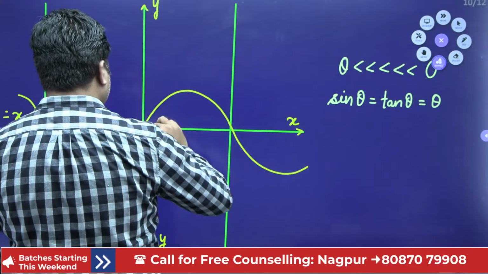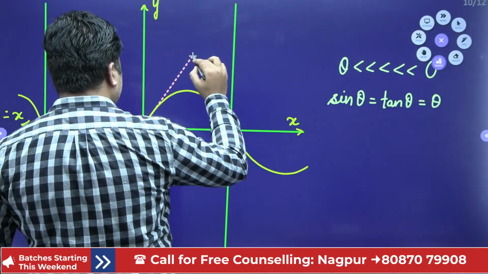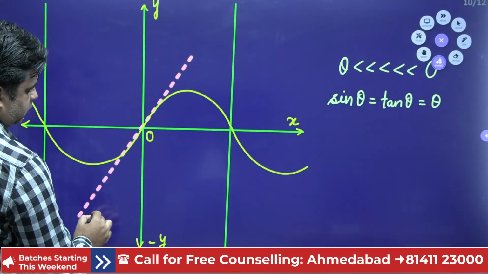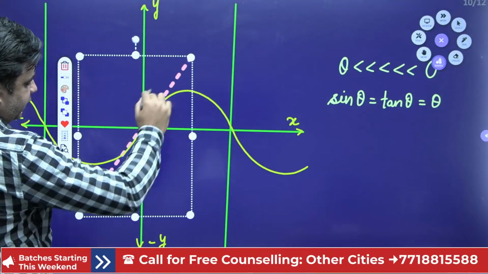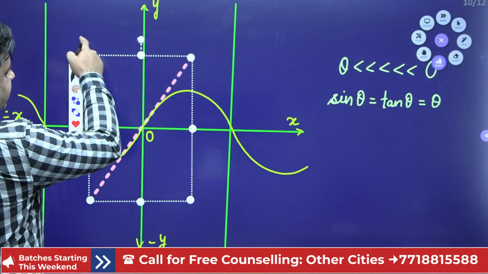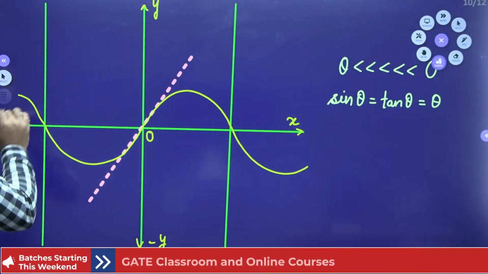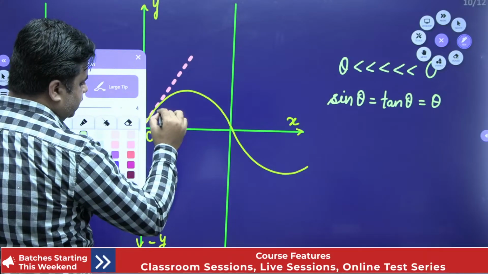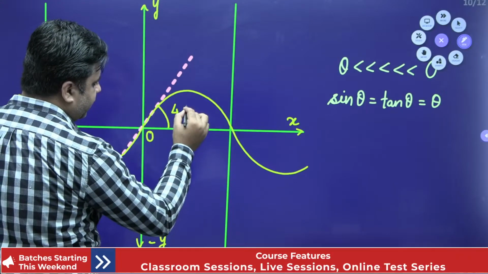If you check this slope of the curve, that is the slope of sine theta at 0, you will find that this angle is 45 degrees.